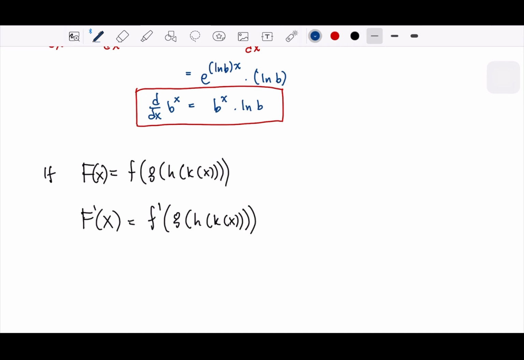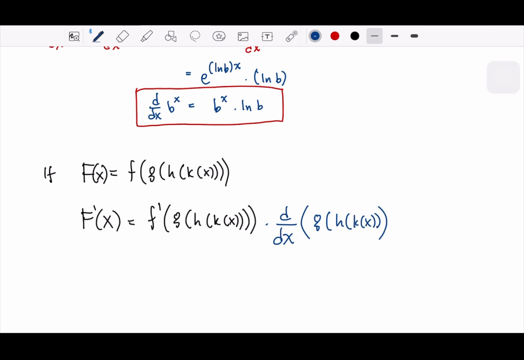And the next thing is to take the dx, in terms of the derivative. Then it's supposed to be the inside function. If f is outside, then the inside starts with g. So let's start with g, and then h, and then k.